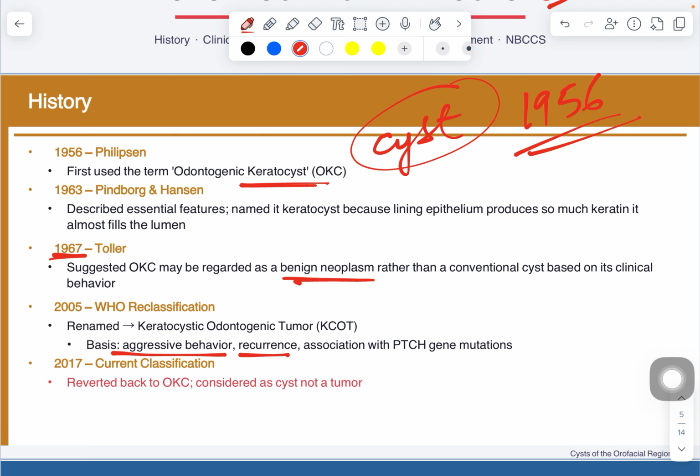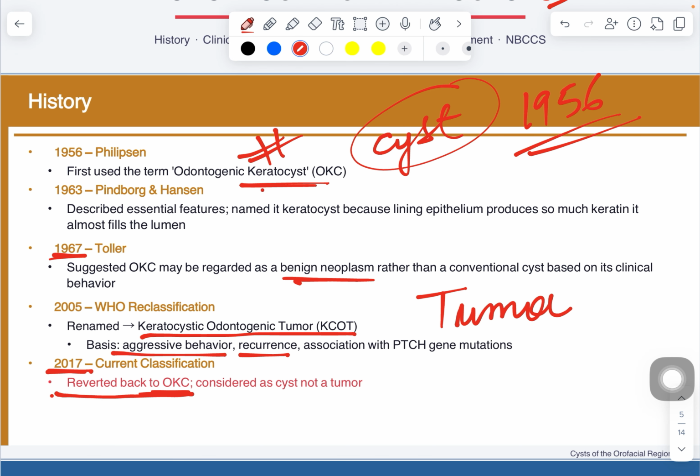In 2005, it was named as a keratocystic odontogenic tumor. But now again in 2017, it has been reverted back to OKC and is considered as a cyst and not a tumor. So in 1956, it was called odontogenic keratocyst, a cyst.